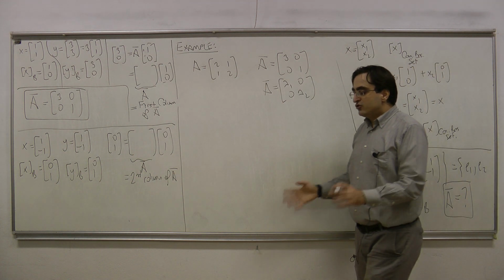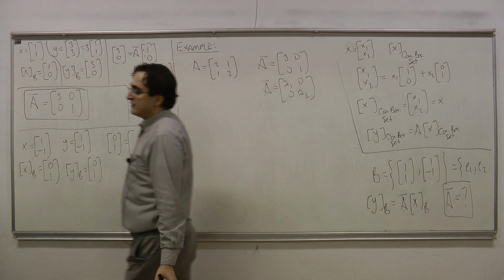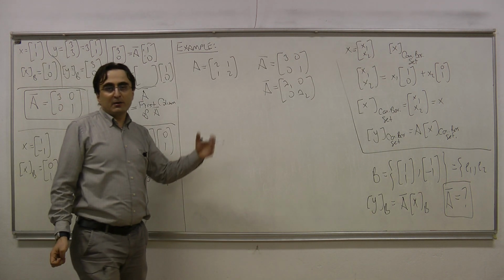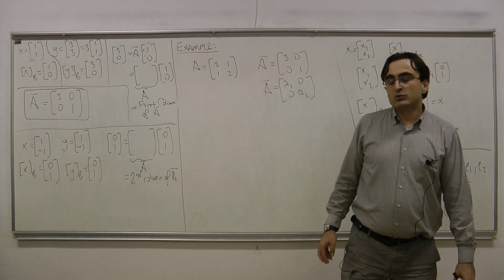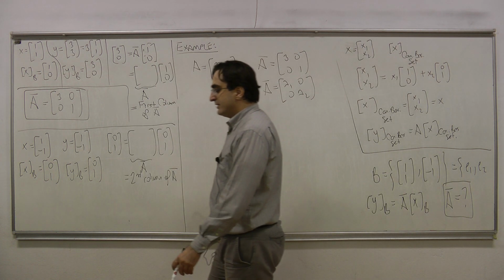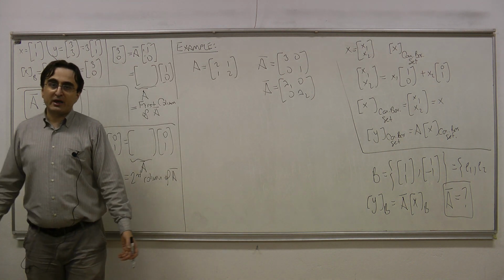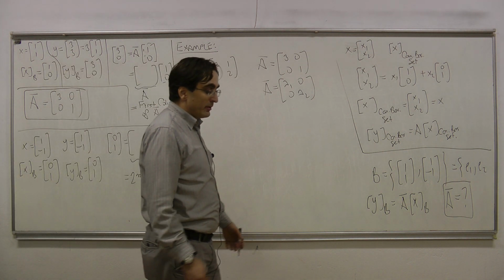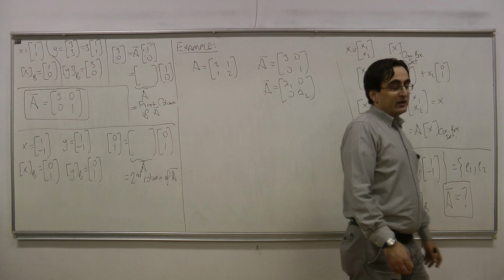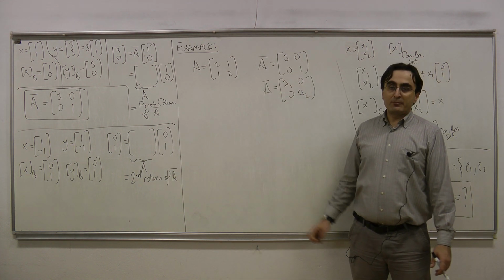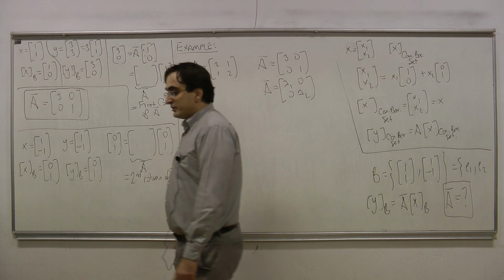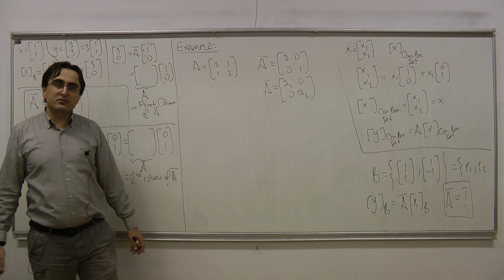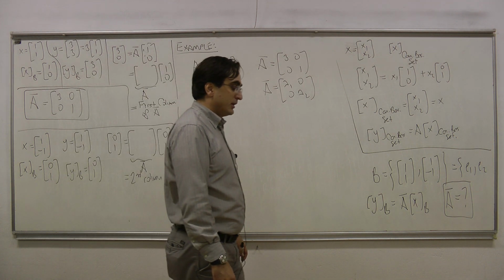In general, in many cases we will be able to do this if the matrix is so-called diagonalizable. We will be able to choose a basis set and change the basis in both the domain and the codomain to that basis set. Then we will obtain a simple representation for the linear transformation, which is going to be diagonal. But in some cases, for non-diagonalizable matrices, this is not going to be possible.